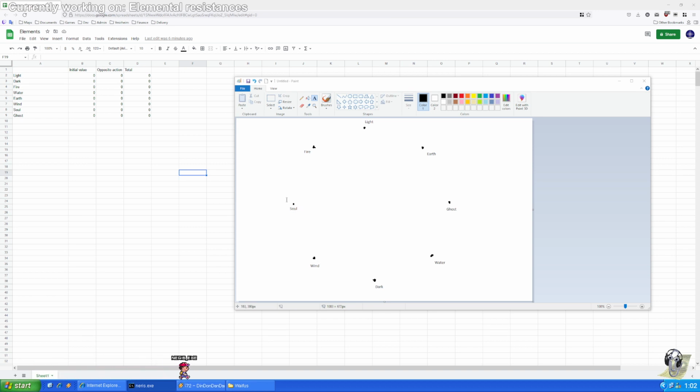So soul is close to fire and wind. Gust is close to earth and water. Okay, dark is close to wind and water. Light is close to fire and earth. So soul, fire, wind, gust, earth, water.